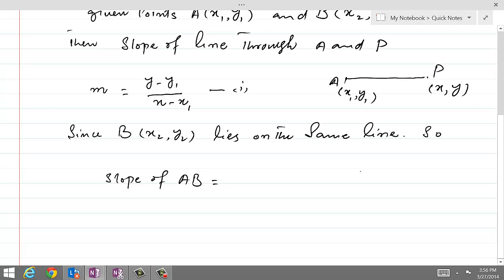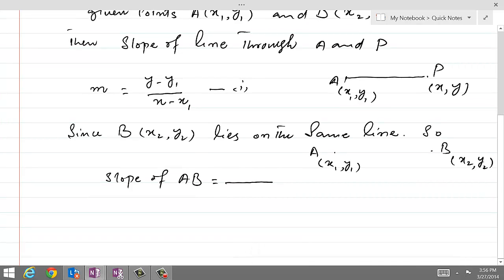If we use the same formula, just using the points A and B this time, with A as (x1, y1) and B as (x2, y2), it's going to be y2 minus y1 over x2 minus x1. Nothing changed. We just changed the points, because all these 3 points A, P and B are on the same line.